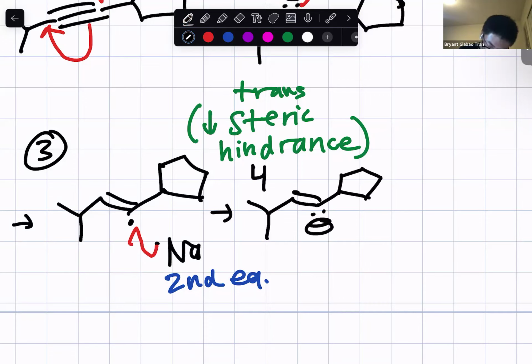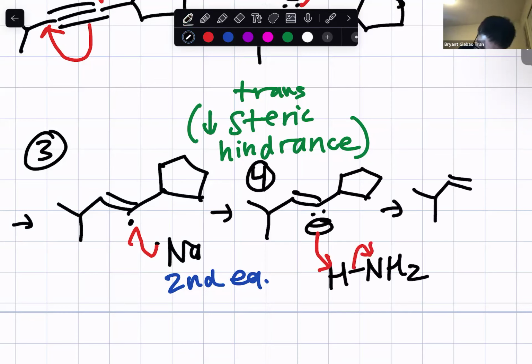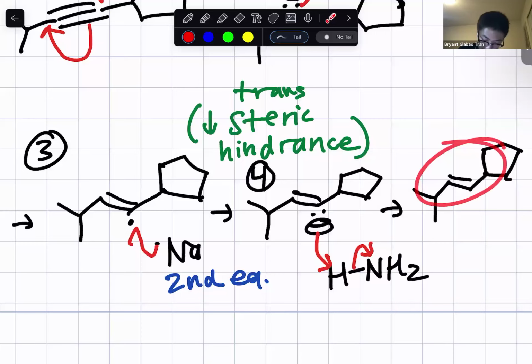Now, the last step here is just to neutralize that negative charge by protonating it using the solvent here, right? And that gives us this trans alkene right here that is now neutral, right?